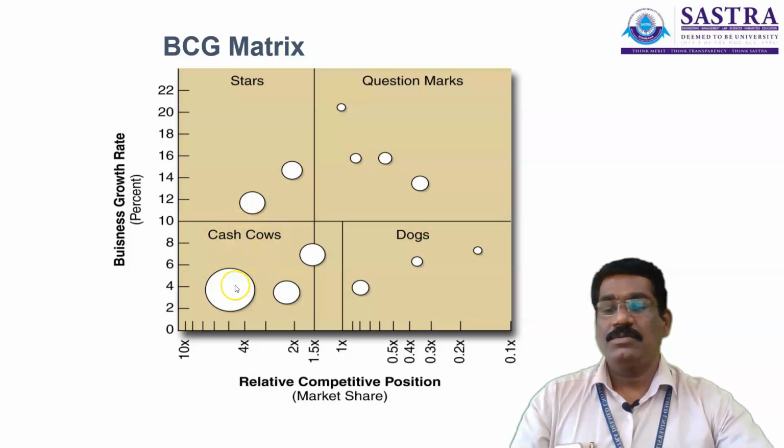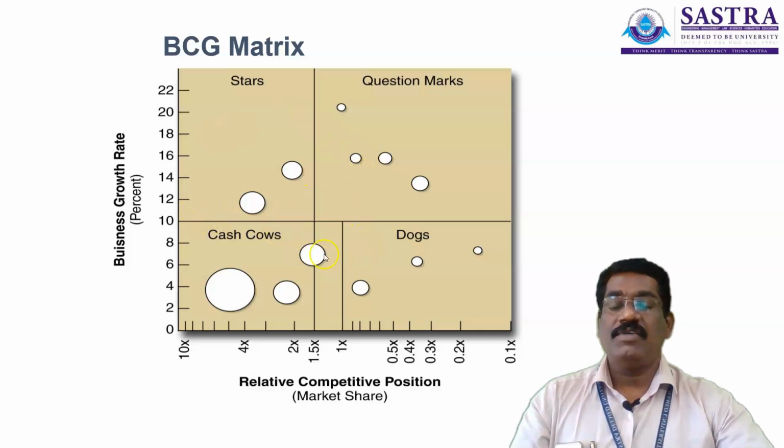If you look at the cash cow, the relative competitive position, the market share is considered to be very high. Whereas if you look at the business growth, it is really low here. You understand this? So the business growth rate is low for cash cow, but the market share is high for cash cow. That's the condition here.